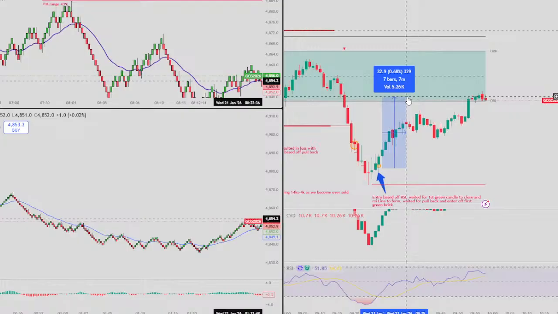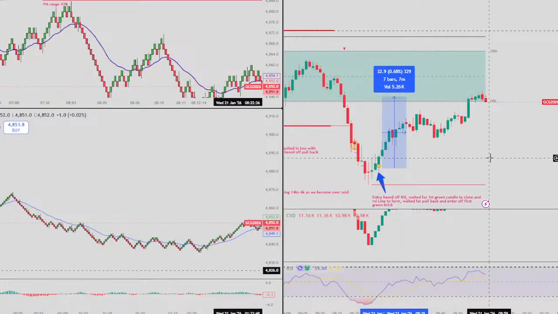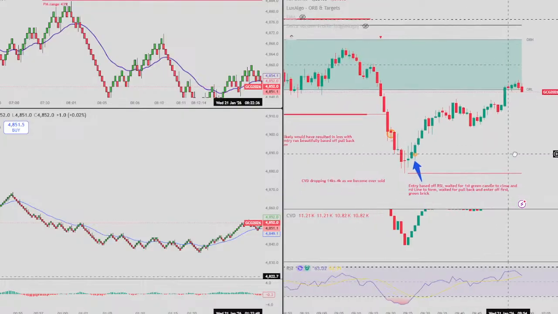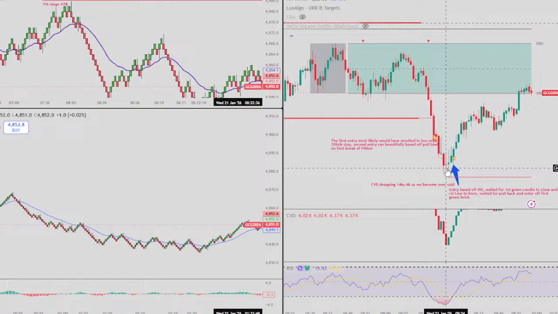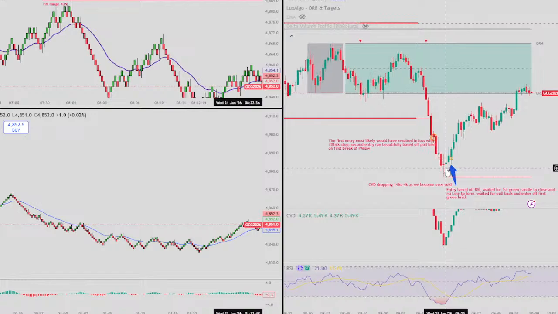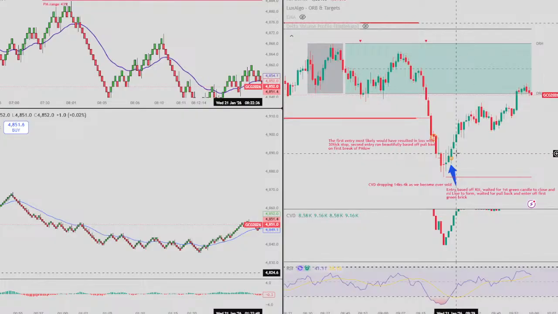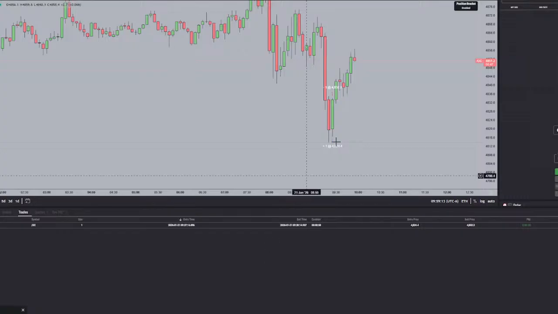I mean, with one contract, that passes the account if you're on Apex. But yeah, that's crazy. It's nice to see. I guess I'm staring at it still because the move was caught. I didn't catch much of the move, but it was still caught. It's weird to have caught something.